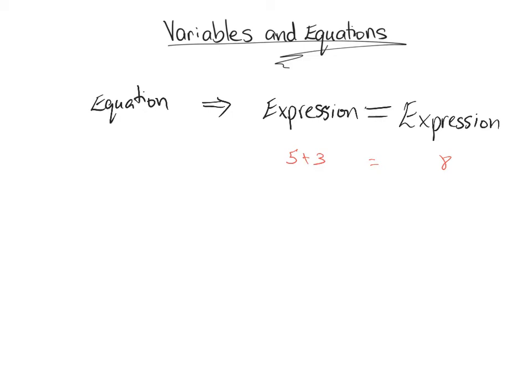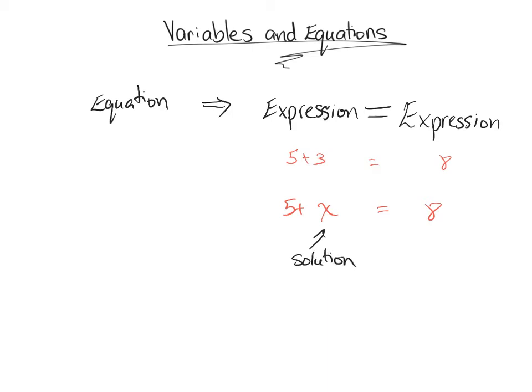We can have an equation with variables in it. For example, we could have 5 plus x is equal to 8. It's still an equation, even though there is an unknown in there. For an equation with an unknown, the unknown will have a number that makes it work. The number that makes it work is called the solution.